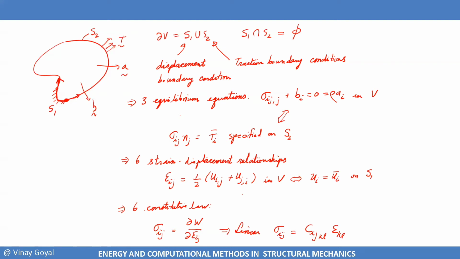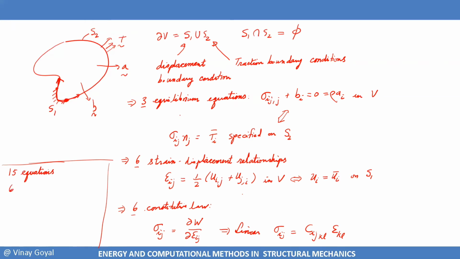If we look here and count the number of unknowns, it's very simple to see that we have 15 equations: 3 plus 6, 9 plus 6, 15 equations. And the number of unknowns can be quickly looked at.